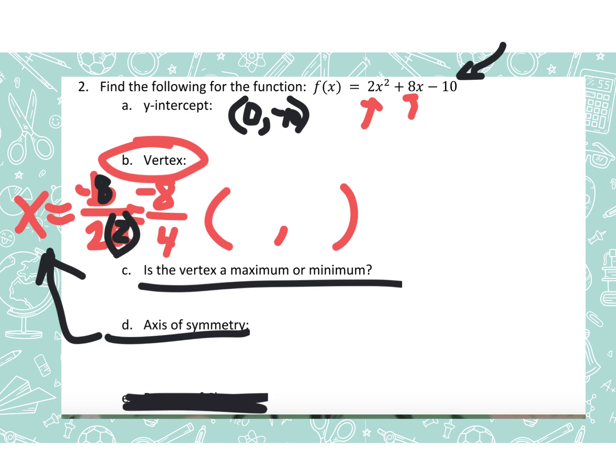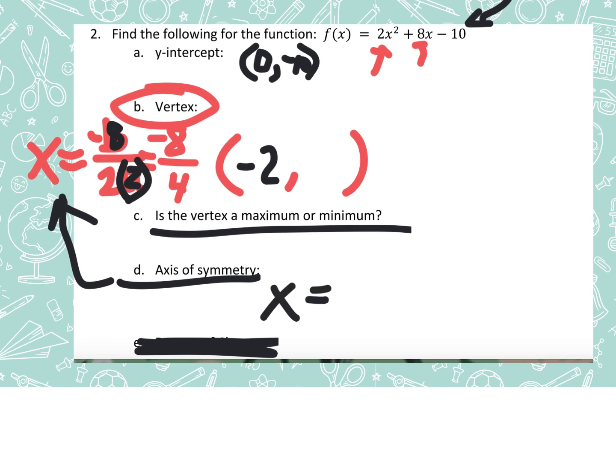And 8 divided by 4 is 2, and it's negative. It came out to negative 2. Raise your hand if you had that one right. Awesome. And notice you've got your axis of symmetry already. It's that. That is the axis of symmetry.